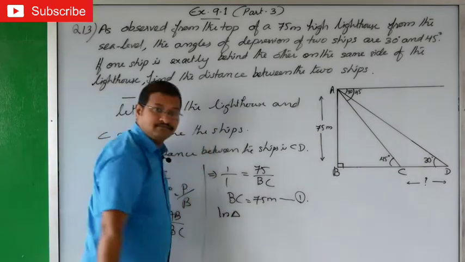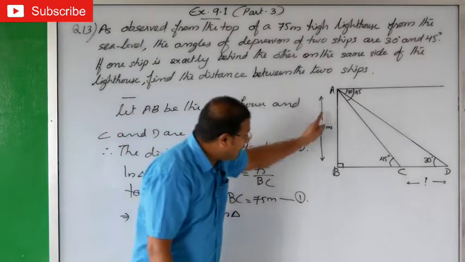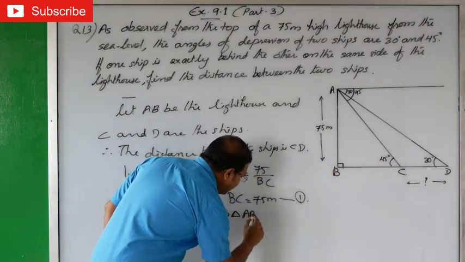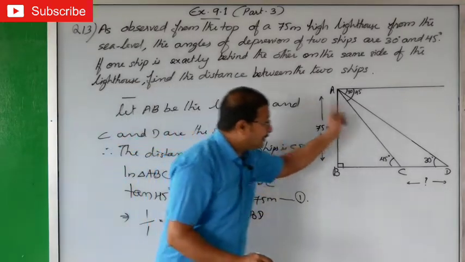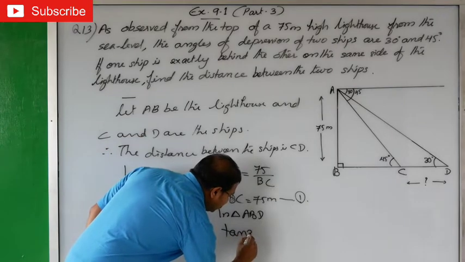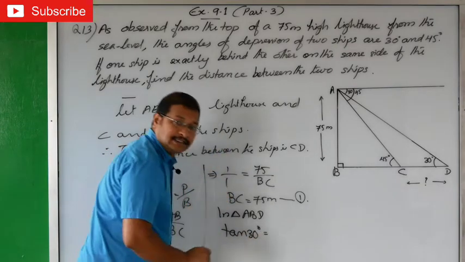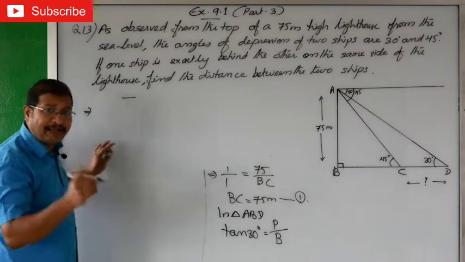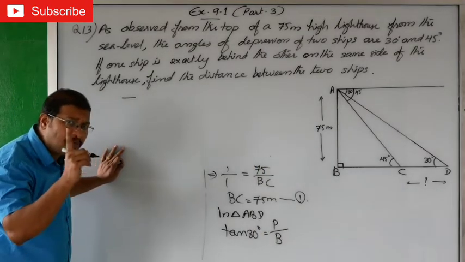In triangle, what is the triangle name? ABD. So in triangle ABD, what will be the angle here? 30. That means we will take tan 30 degree equals perpendicular by base. What is the value of tan 30? Tan 30 is 1 by root 3.